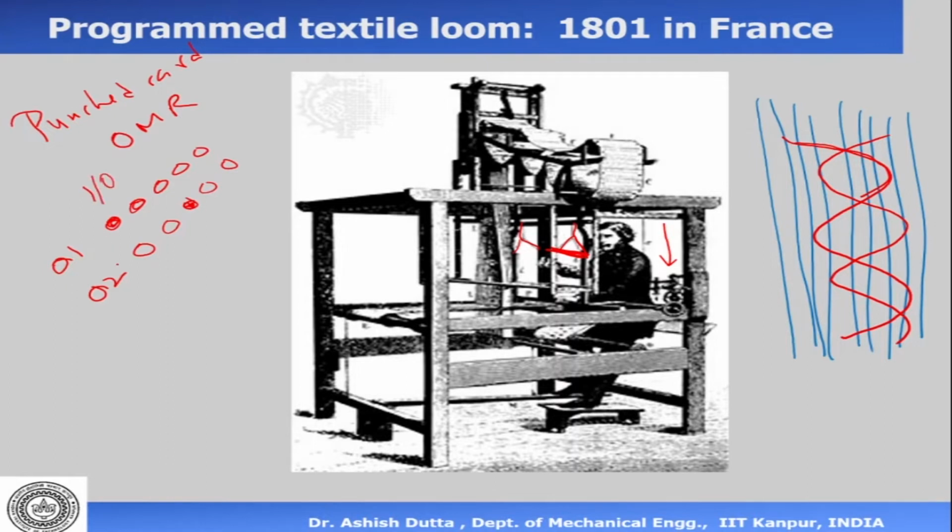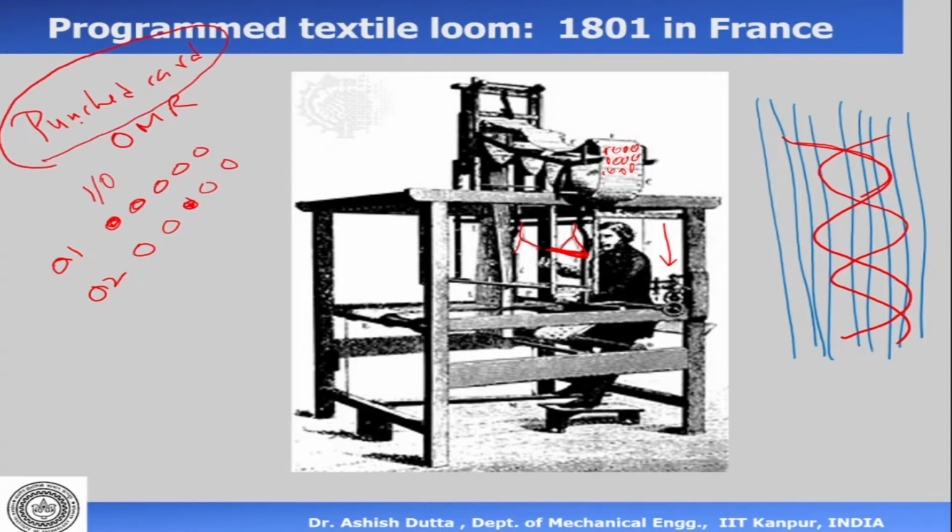Okay, so this is what this gentleman did. He made a punch card and he embedded this design in the form of a punch card. So there would be holes or no holes, and the machine could read this punch card. Now this is the earliest use of a punch card.